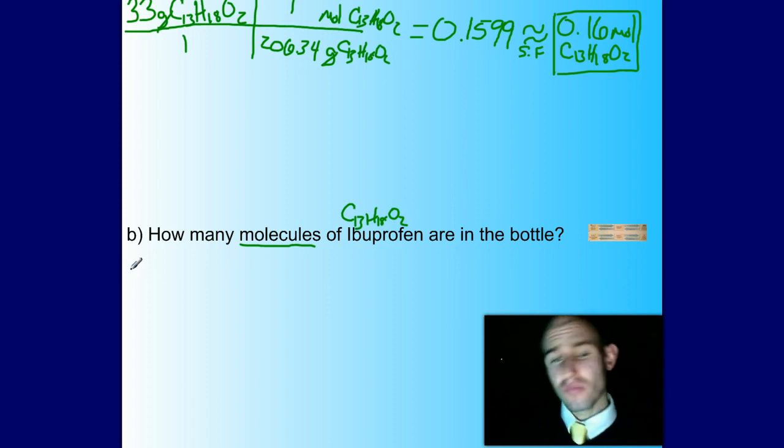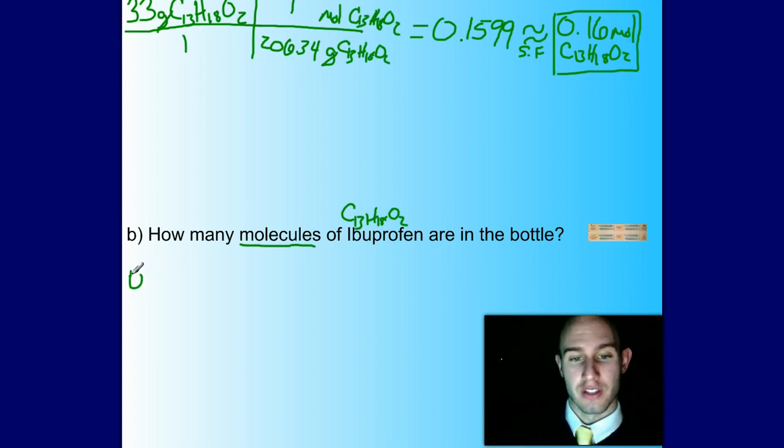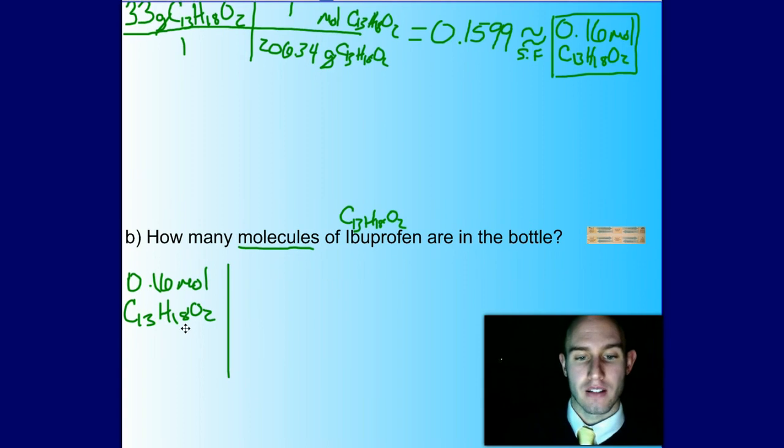Realistically, you could just continue off of this conversion to make the mole conversion work, but I'm going to go ahead and just use the 0.16 moles of my compound C13H18O2 and convert that.